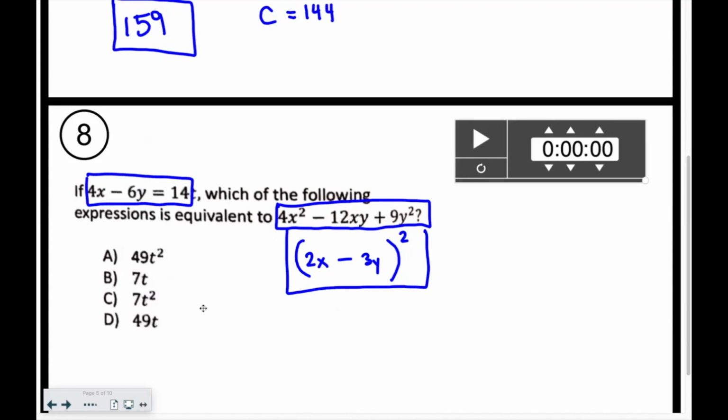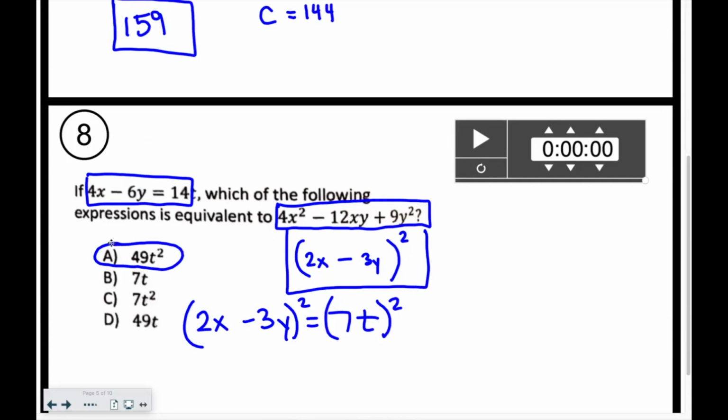Because if I divide this equation by 2, I get 2x minus 3y equals 7t. And then I want to square it, so I get exactly what's over here. And I know when I square this, I get this. That's where all this came from. So the answer is just whatever 7t squared is, which is 49t squared.